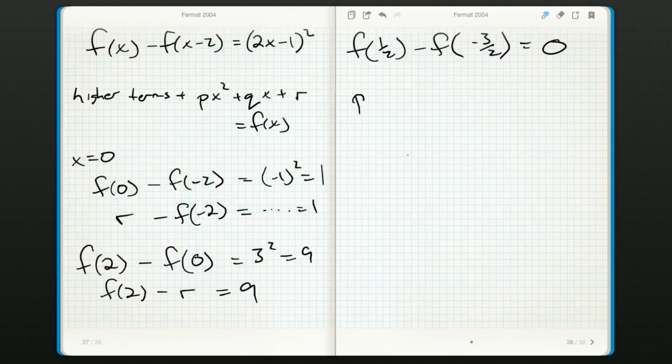Well, I'll tell you what. If we had p plus q, and if x was 1, we would get a p plus a q plus r plus each of the coefficients for the higher terms. So if we took a look at f of 1, and then we subtract off f of 1 minus 1, so that'd be f of negative 1.